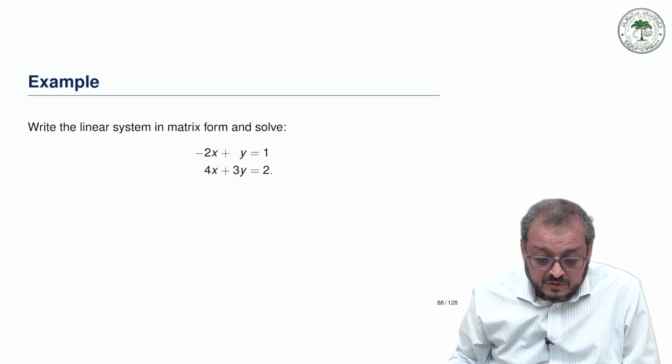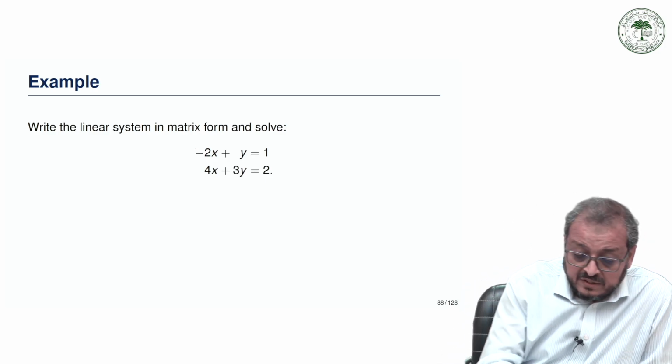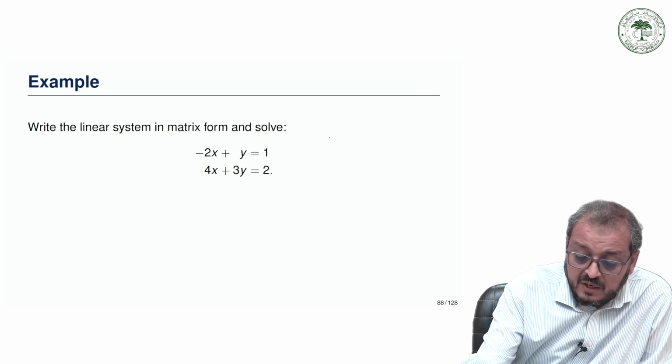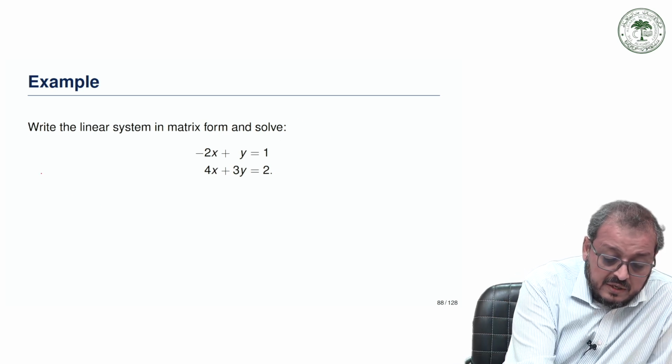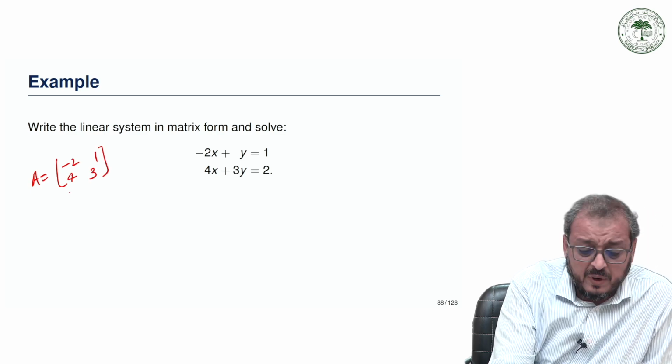Okay, now let us try one more very small problem. In this case again we have Ax equal to b, and A is clearly equal to minus 2, 1, and then 4 and 3. This is a 2 by 2 matrix.